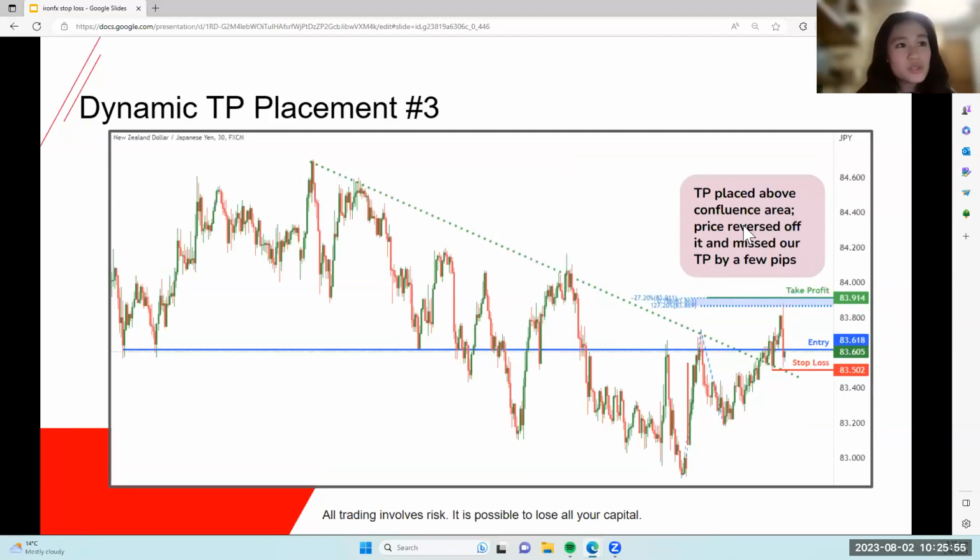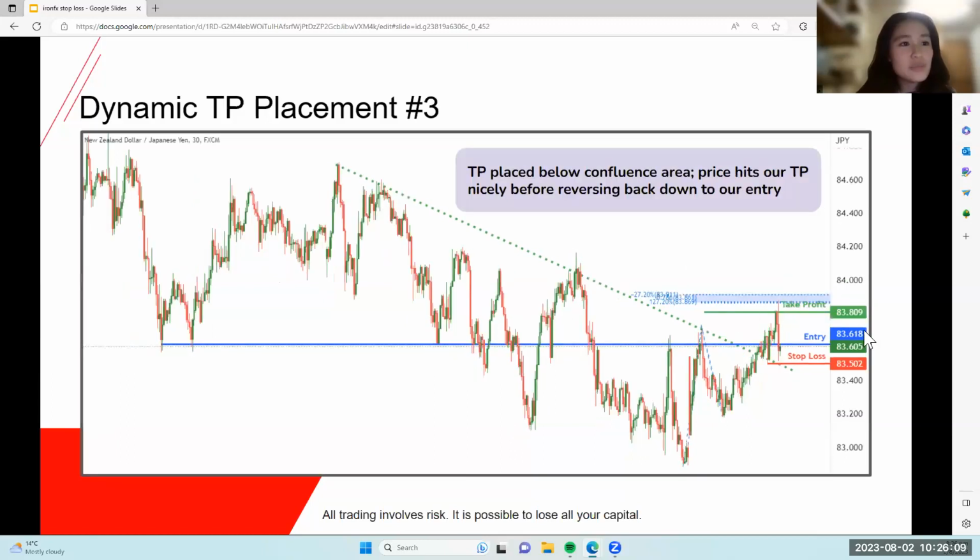In this case, you see we placed it beyond it. And you can see price reversed off of it and we missed our take profit by a few pips. So if we had placed it below instead, it would have nicely hit our take profit before reversing back down to our entry.